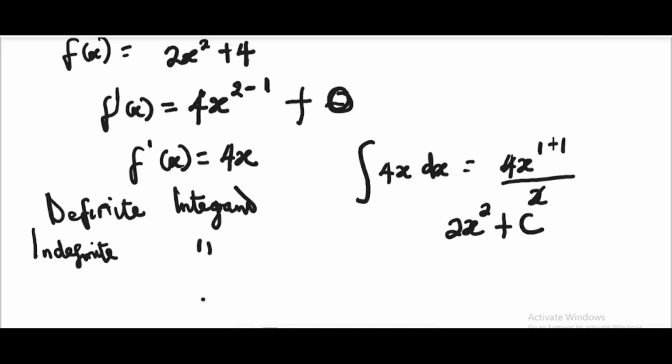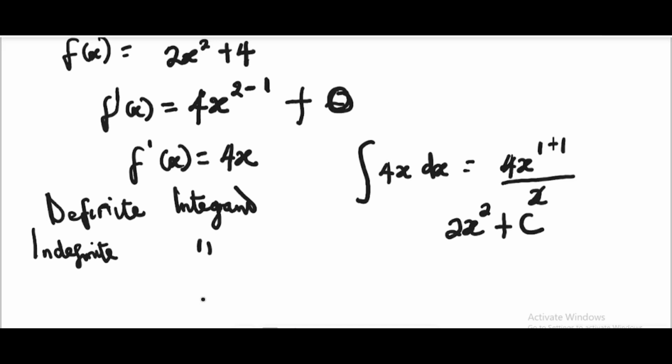So what helps you find your c? Either the limits are given, the x limits, the upper and the lower limits are given, or the x and y values are given. So in such case, when you integrate, at the end of your integration, you substitute, you subtract the lower limit from the upper limit to find your c, and then go back to your integral and replace your c with your value.